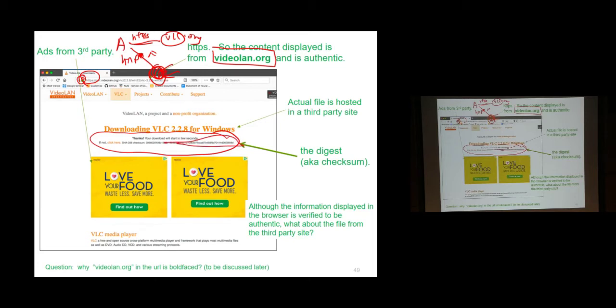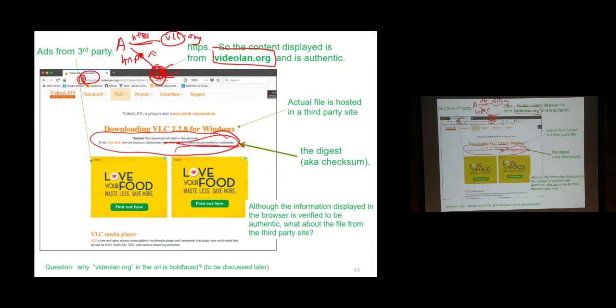To be assured that this file is not modified, what Alice should do is this. After the file is downloaded, Alice computes the checksum of the downloaded file, and then compares it with this number. If it's different, that means something is wrong. If it's the same, then with high probability the file is coming from VLC.